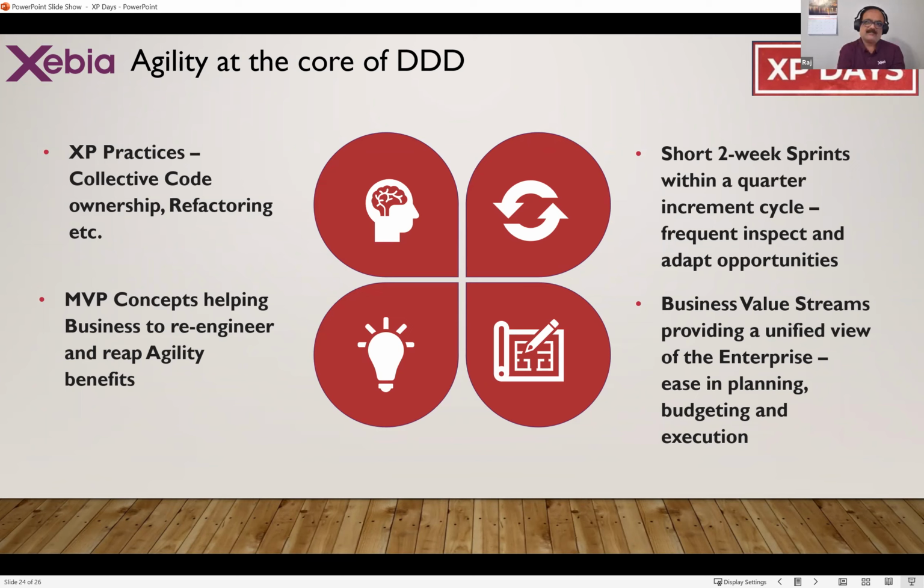Similarly, your daily stand-ups, minimum viable product concept, so that you start getting benefits early and you also validate, is my design correct or something like that. You go for shorter 2-week sprints, and then ultimately you will start getting value rolled out.